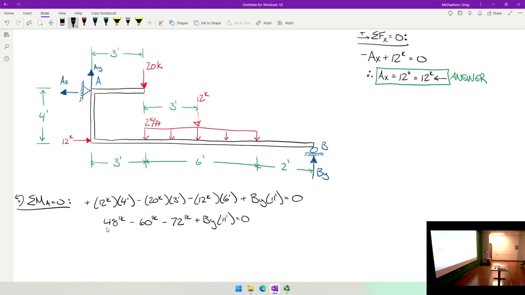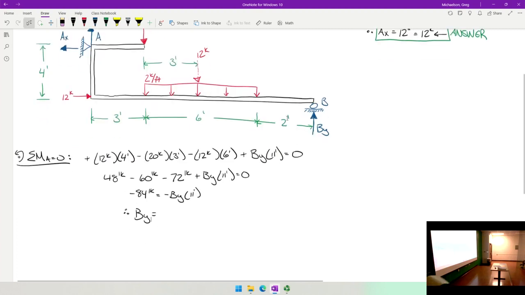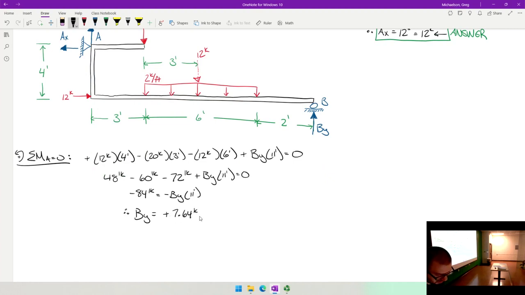So 48 minus 60 minus 72. So 84 divided by 11, it's a negative and a negative, so the signs are going to cancel. That's going to be positive, and it's 7.64 kips. So that's 7.64 kips going up.